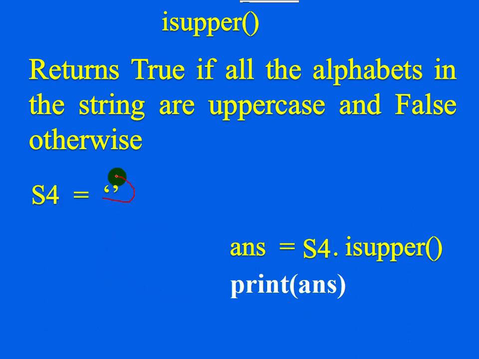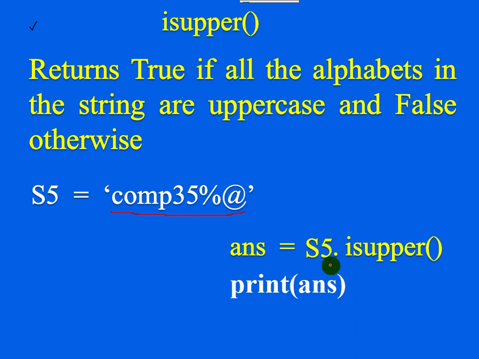Again, empty string, and if I write s4 dot isUpper, the answer returned is false, not even one alphabet is there, isn't it? Now if I write s5 equal to this string, if I write s5 dot isUpper, what answer does the function return? False, because these are the alphabets present in the string, they are not uppercase, so the answer is false.